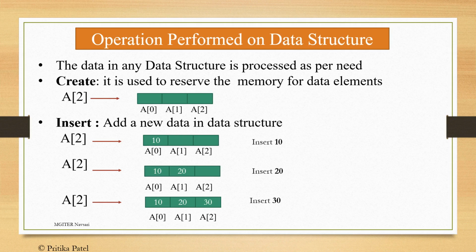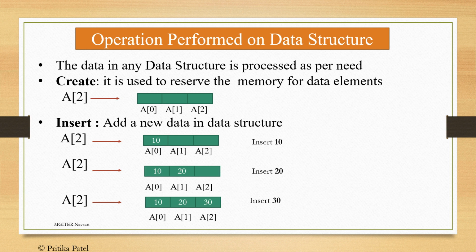For example, if we want to delete the details of a student whose name is Prahi, then we first have to search the list of students to find whether the record of student Prahi exists or not, and if it exists, then at which location, so that the details can be deleted from that particular location. So as per need, data processing or data manipulation operations on data structure are needed.